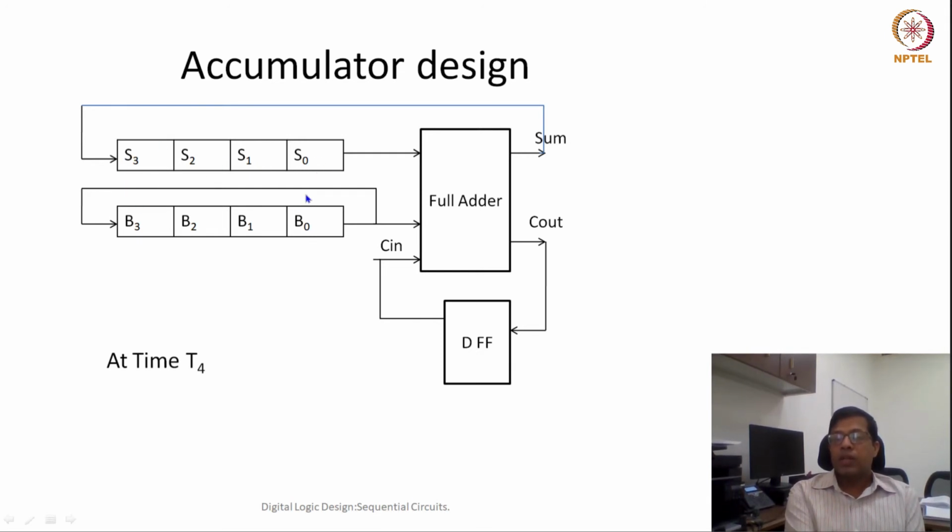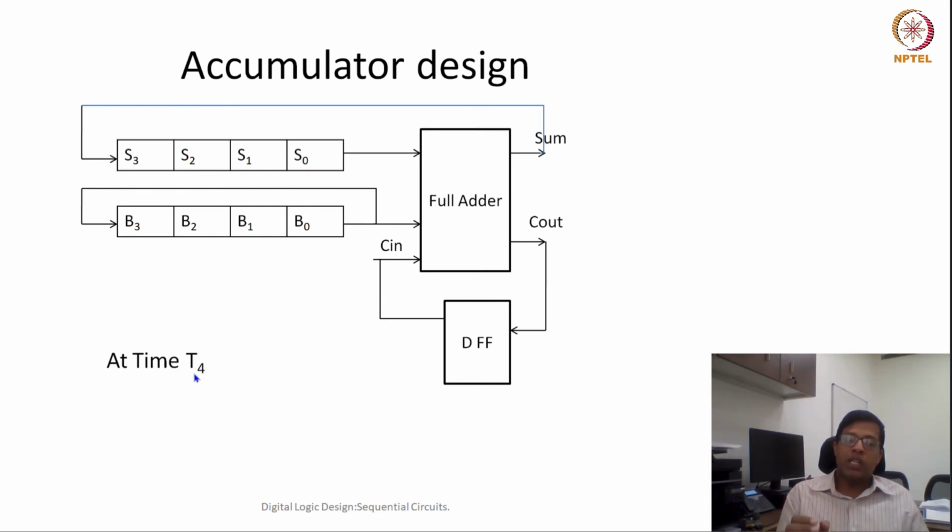There is no separate A, because the overall design was A equal to A plus B. So now this becomes the new A, and we have again received B as it was at the original point. At time equal to T4, you have to notice that this is the beginning of T4.